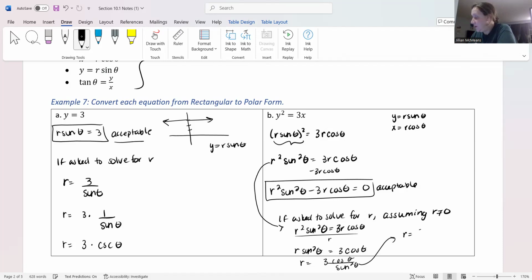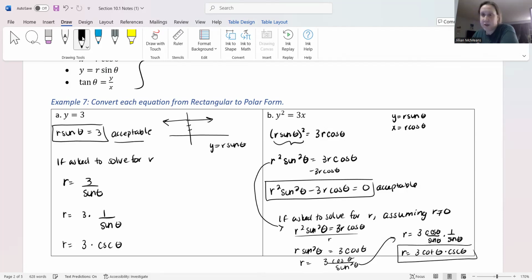So we can keep going though. We get 3 cosine theta over sine theta times 1 over sine theta. Do you remember earlier where we split up a cosine squared theta and we wrote it as cosine theta times cosine theta? We're going to do the same thing here. So this would be 3 cotangent theta times cosecant theta.